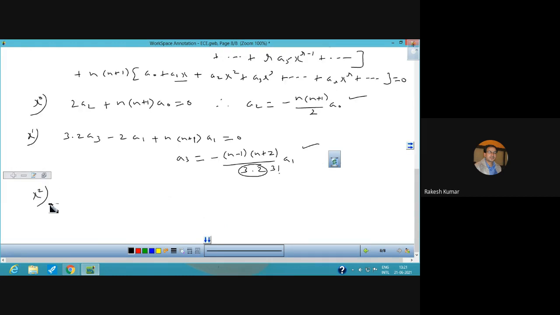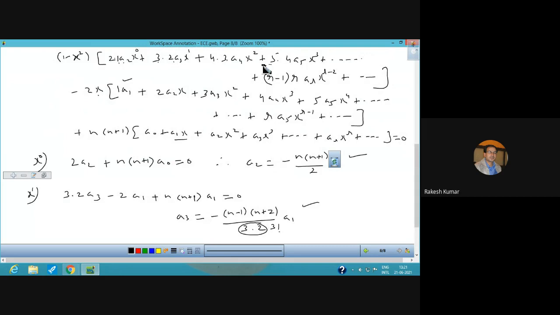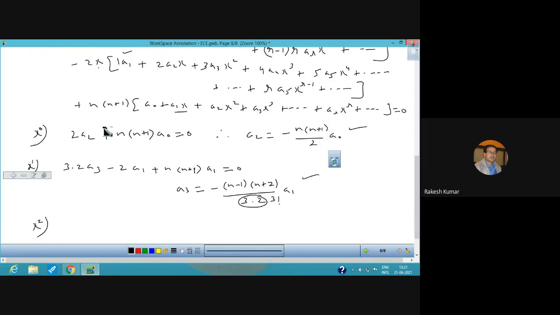Now x raised to power 2, जब आप x raised to power 2 का coefficient equate करेंगे, तो first term will be from there 4 into 3 a4 x square into 1. So that will be 4 into 3 a4.